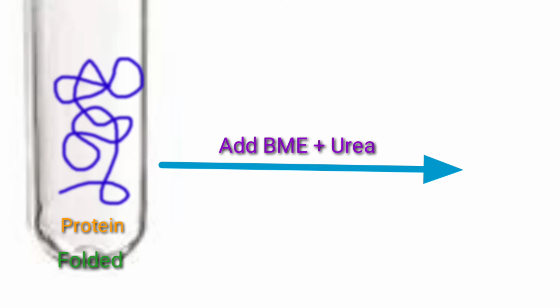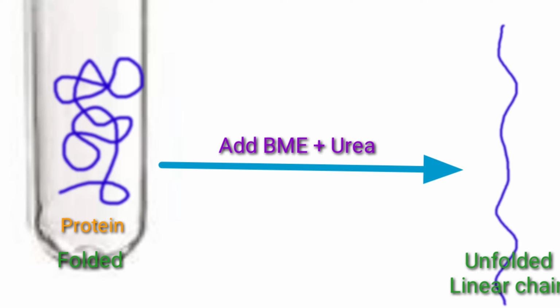If you take that protein in a test tube and treat it with beta-mercaptoethanol along with urea, you will find that the protein's disulfide bonds are broken and the protein is in a linear polypeptide chain format. Why?